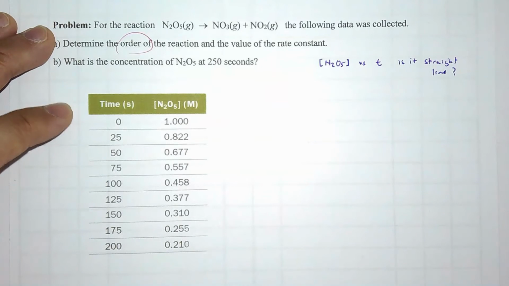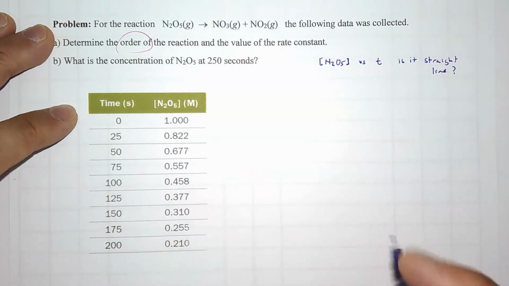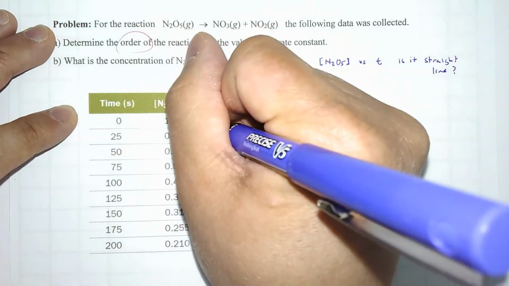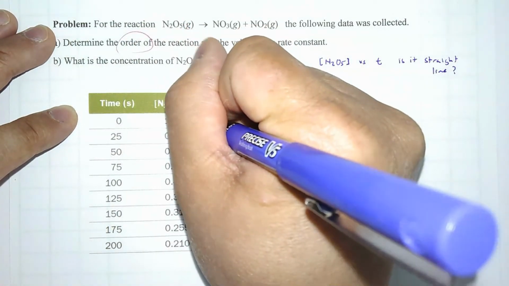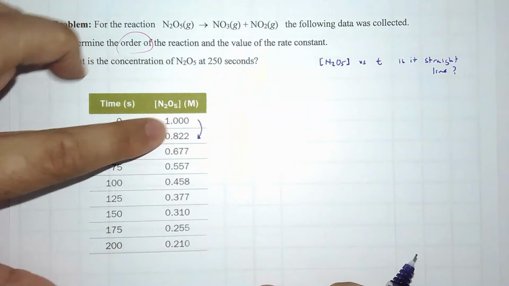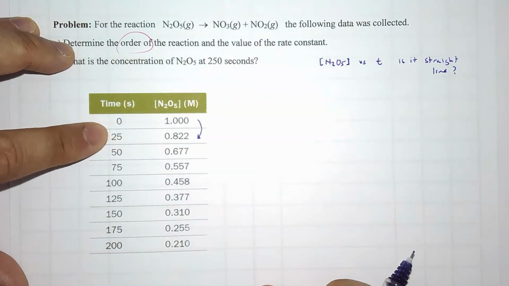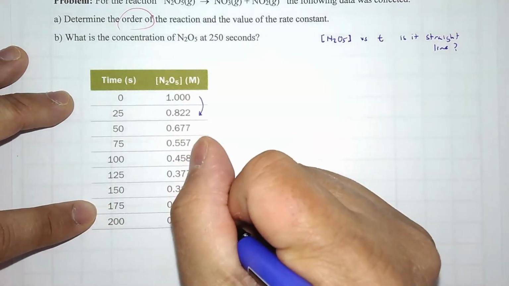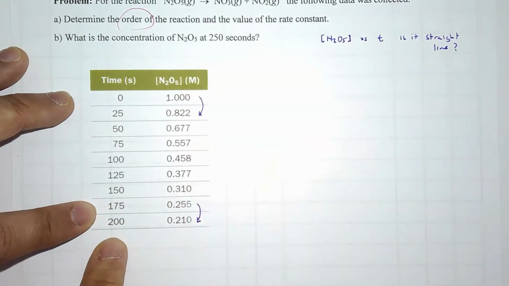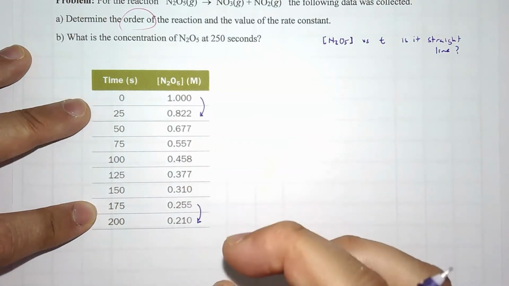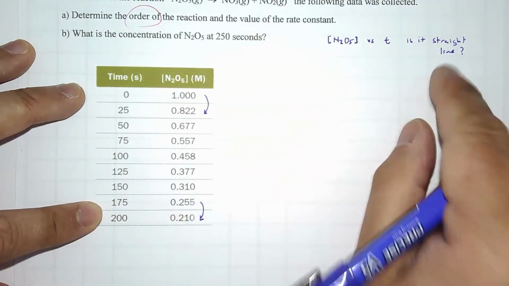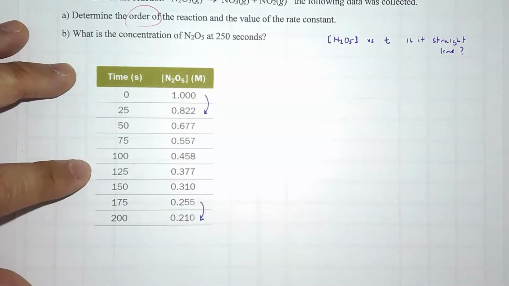When you're given data like this, you could definitely graph it if you have time, but on an exam, what you want to do is figure out whether the change in the first 25 seconds is identical to the change in the last 25 seconds. That would indicate that the slope is identical at the beginning and at the end, and that's what we want for a straight line.